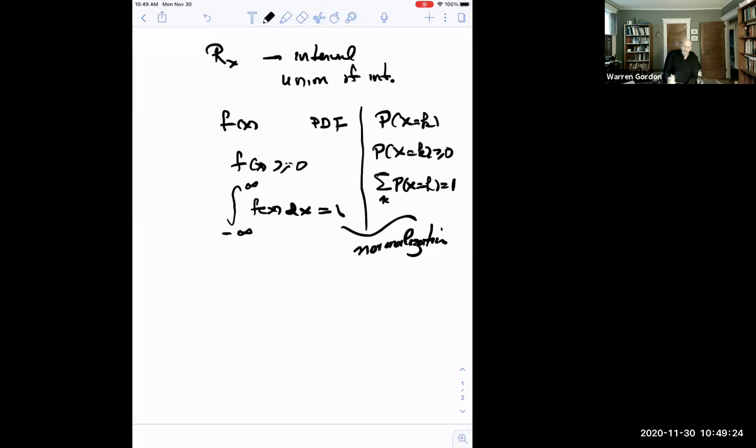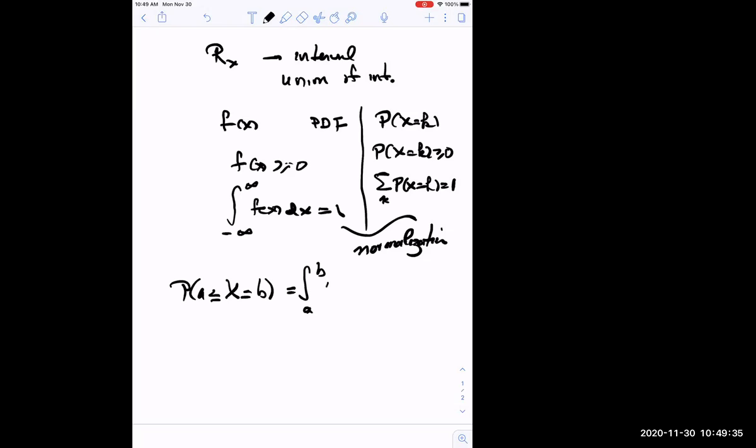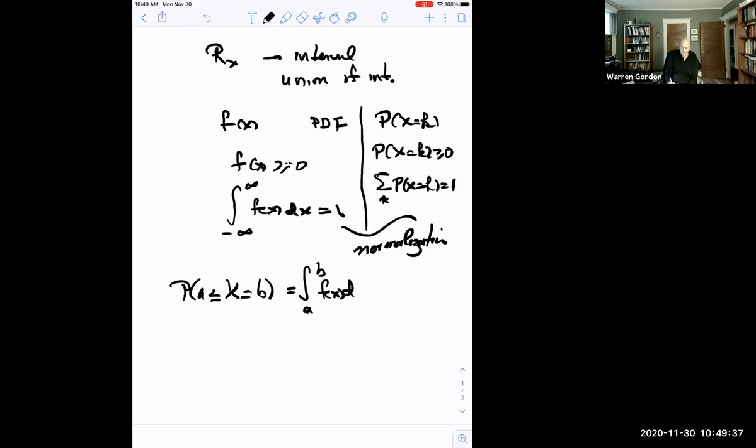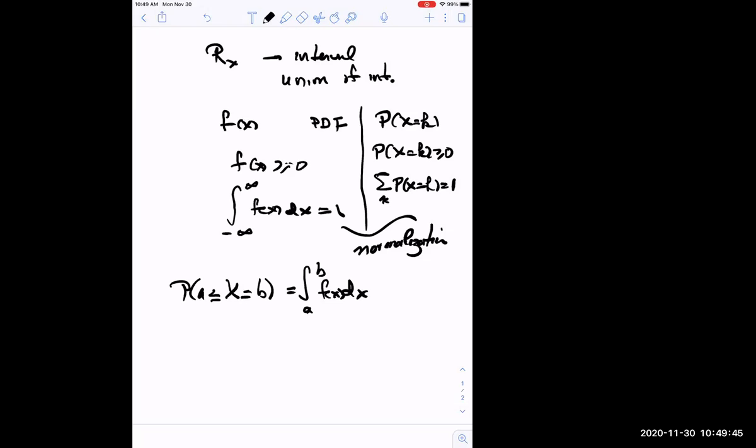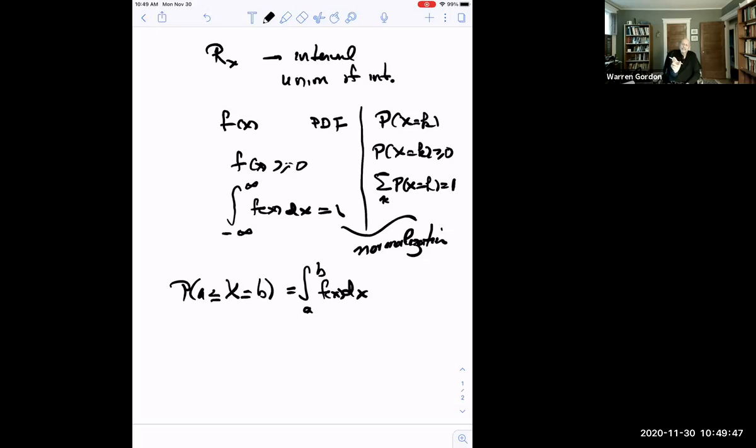And then we said, okay, the probability that a random variable lies between A and B is just the integral from A to B of the density function. Think of the probabilities being distributed per unit length. If you multiply the probability density times the length of the interval, that gives you the probability over that interval.